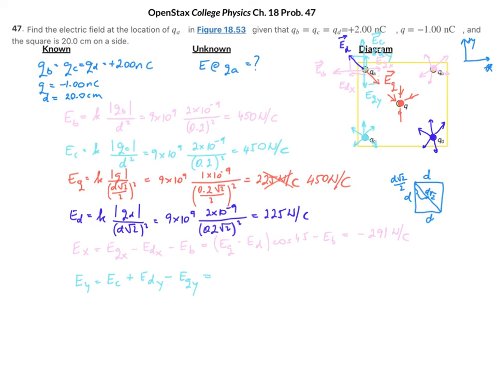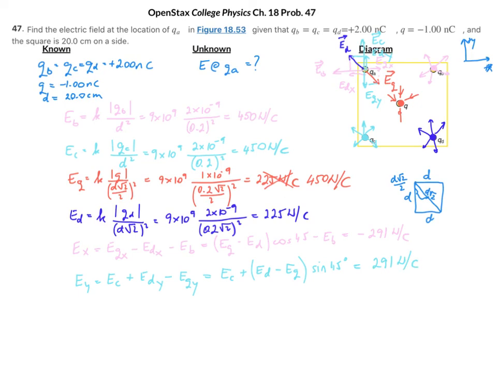Again, we'll use trig, so it's going to be E sub C plus E D minus E Q times sine 45 degrees. And when we plug in the numbers, we end up with 291 newtons per coulomb.